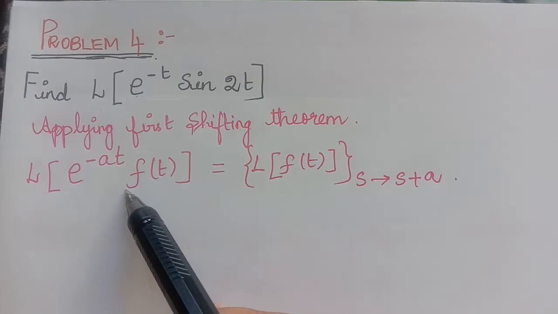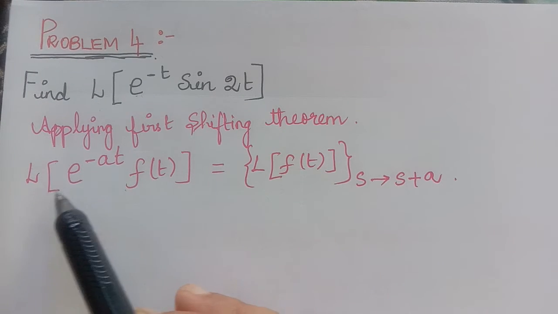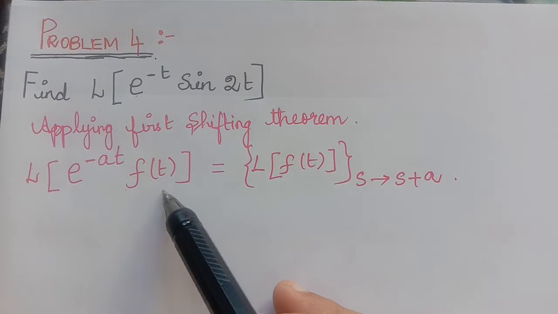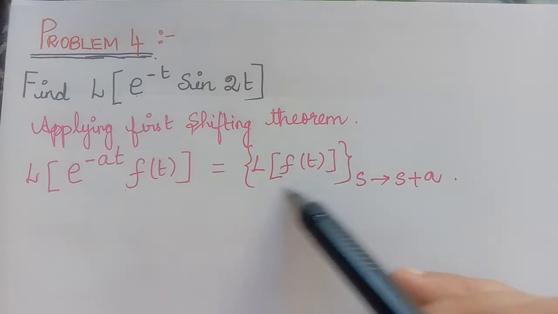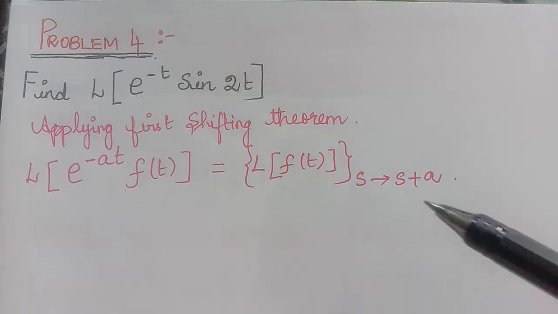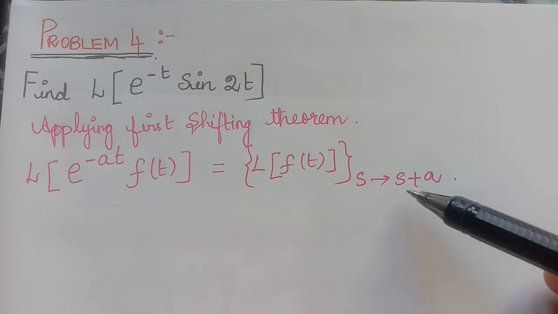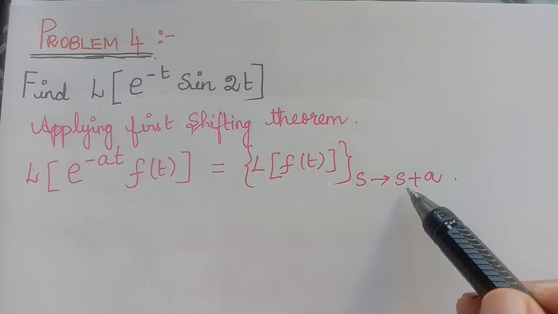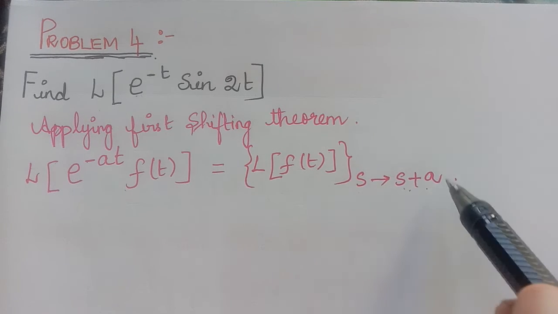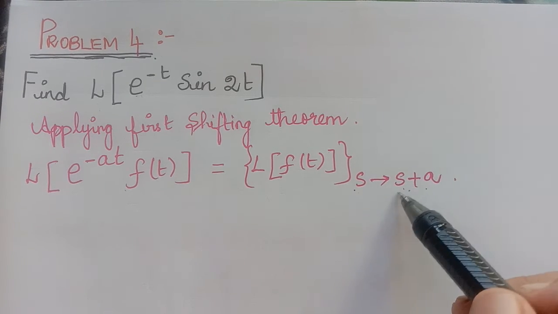So we should use this shifting property, that is the Laplace transform of e to the power negative at f of t is equal to, we have to find L of f of t first, and in that we have to replace s by s plus a, because we have minus a here. So the shifting is from s to s plus a.